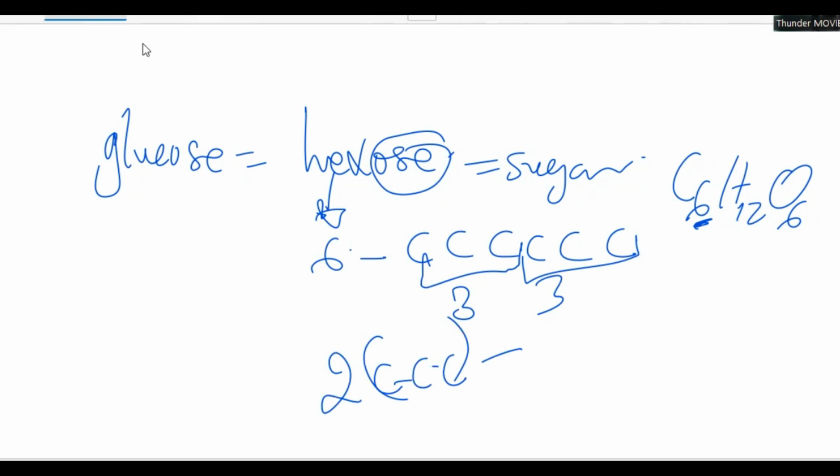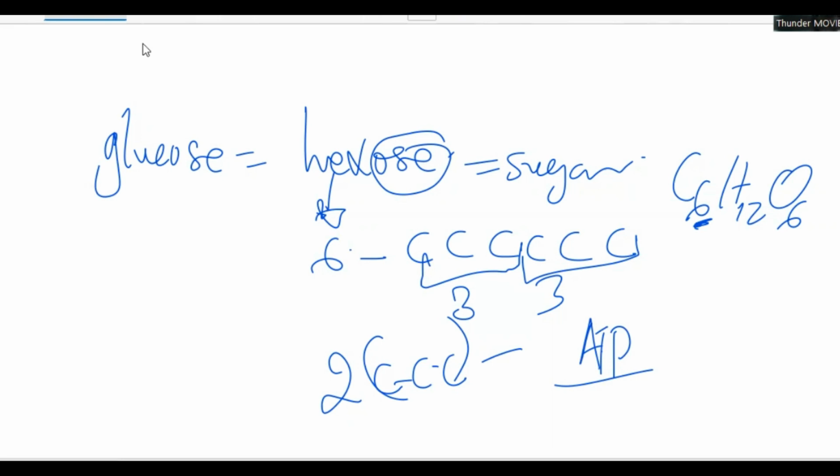During the breakdown of this 6 carbon atom molecule into 2 independent 3 carbon atom molecules, a small amount of ATP is released. So this process results in the production of a small amount of ATP.